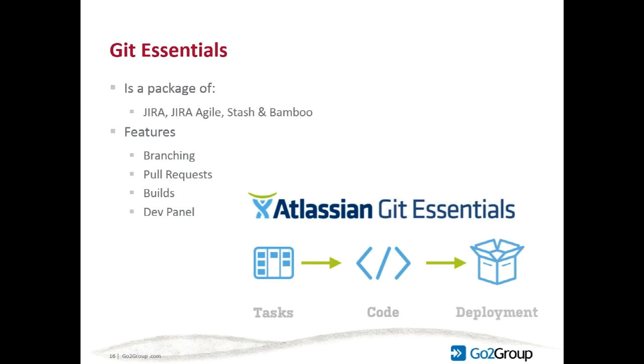The features cover the whole development process: tracking knowledge, which is Confluence, which we are not presenting in this demo; tracking issues, which you do in JIRA and JIRA Agile; SCM, source code management, which we will be covering under Stash and/or Bitbucket; code review, which we can also do in Stash; and continuous integration, which is Bamboo.